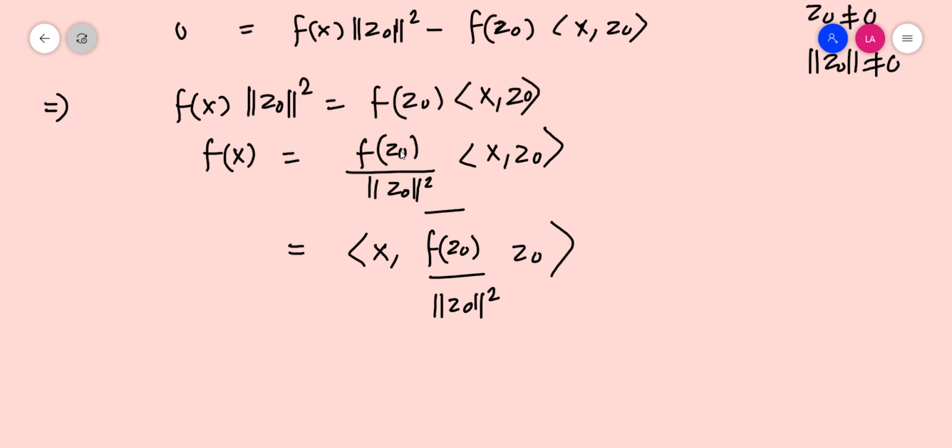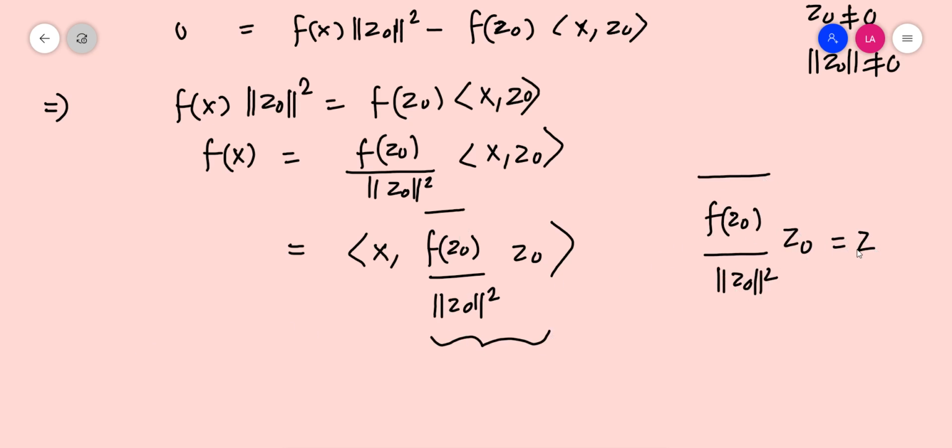So if you take this element onto the inside, we have to take the conjugate. Now we take this, that is the conjugate of f(z0) by norm z0 squared, times z0, as our z.